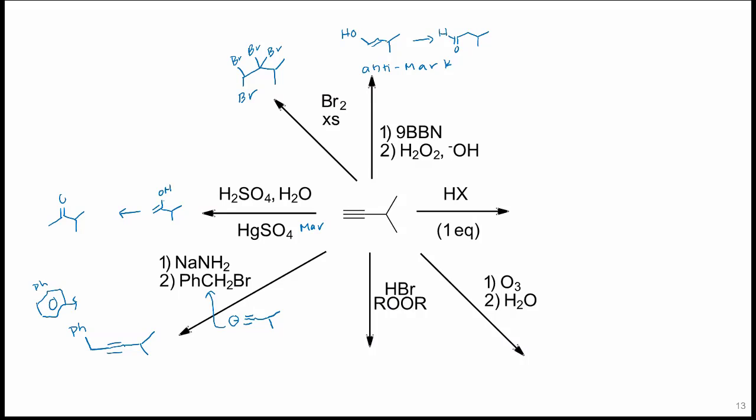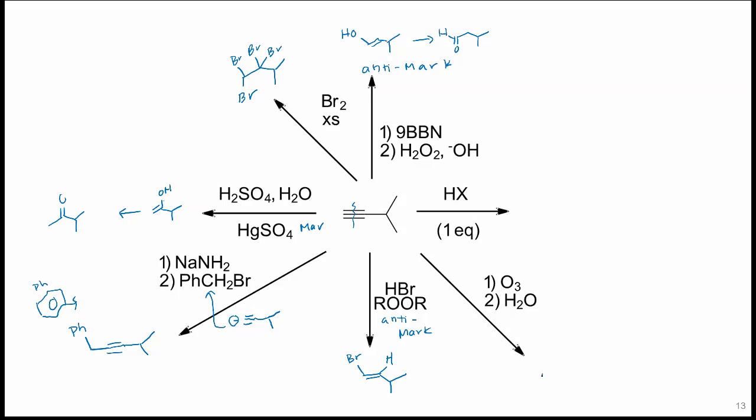HBr plus peroxide, this is our anti-Markovnikov reagent. So we're going to add Br to one side, the less substituted side, and the H goes here. Ozonolysis followed by water is going to cleave that in half.